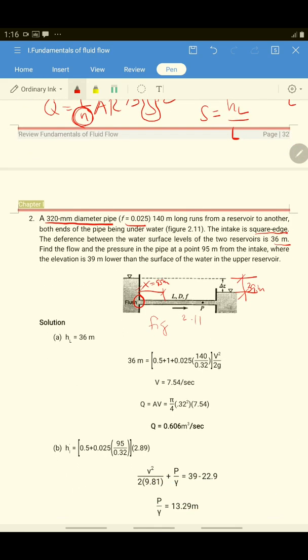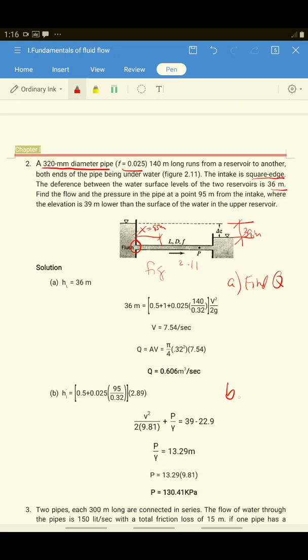Okay, so we are going to find the flow or find the Q. So for letter A, you have to find the Q. For letter B, you are going to find the pressure.